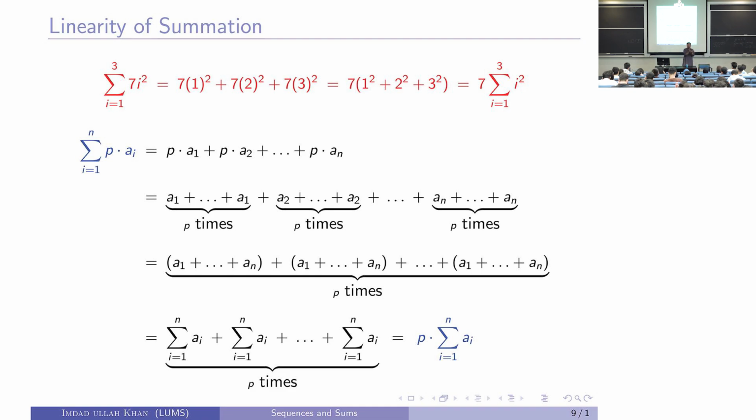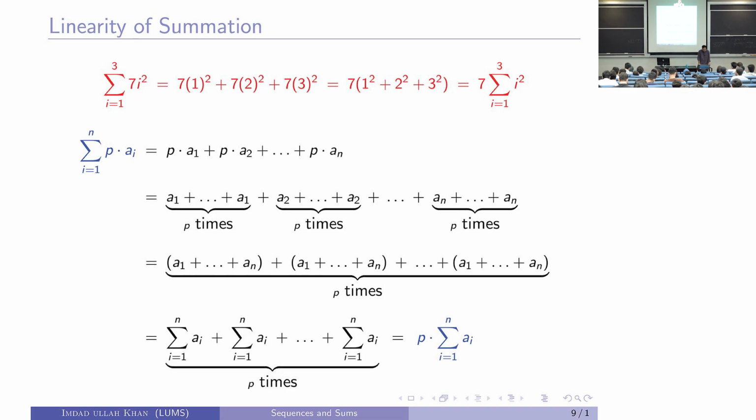Multiplication is defined as a1 added p times. So p times a1 is a1 plus a1 plus a1 up to p times. P times a2 is a2 plus a2 plus a2, p times. P times an is an plus an plus an, p times.